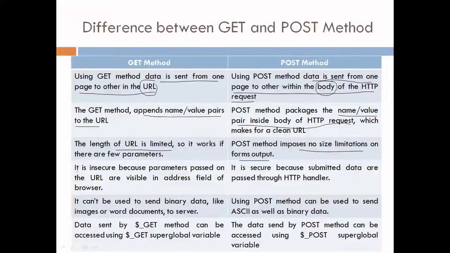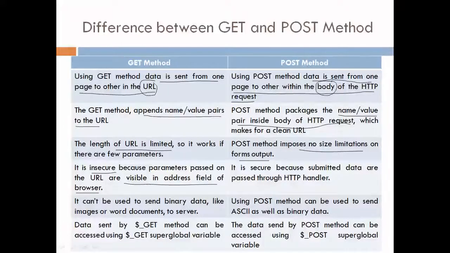Fourth difference, get is insecure because parameters passed in the URL are visible in the address field of the browser. Whatever data is passed through the get method is directly visible in the URL, so it is insecure and easy to crack.